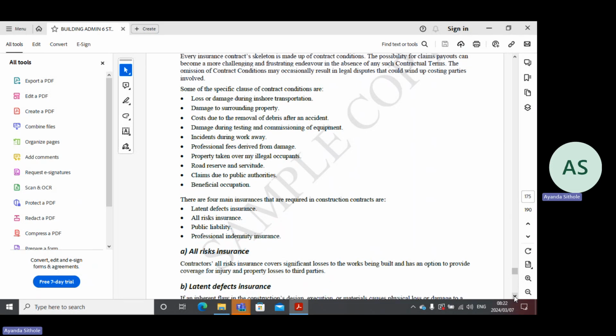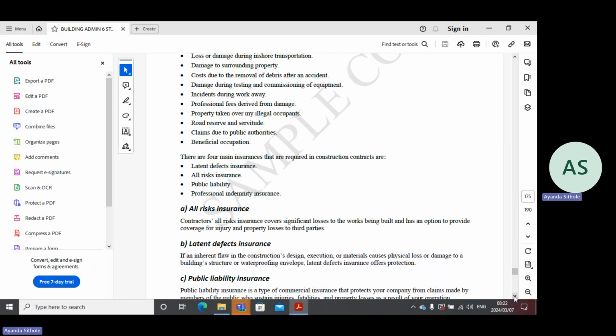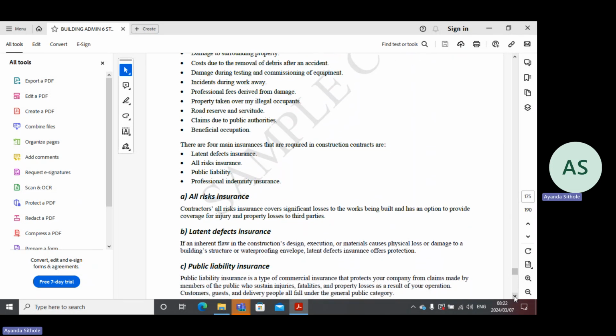Then let us look at the 4 main insurances that are required in construction contracts, which are latent defect insurance, all risk insurance, public liability, and professional indemnity insurance.